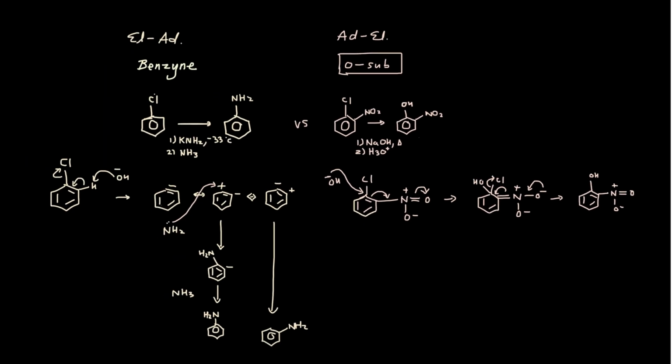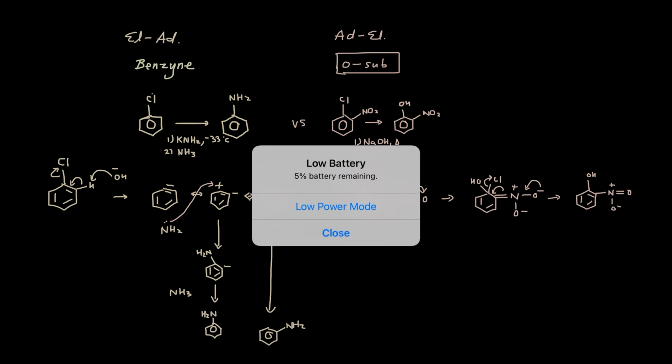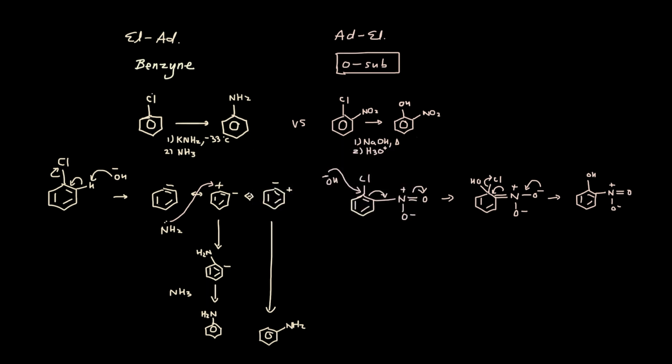Okay, so main takeaways here is the exam will give you the starting reagent and the product and ask you to identify the mechanism and draw it out. So then first thing to think about is, does it look strange? Is it a phenol and an aniline in two different positions, where one is maybe para to a substituent, one is meta to a substituent, but that substituent is ortho and para directing.